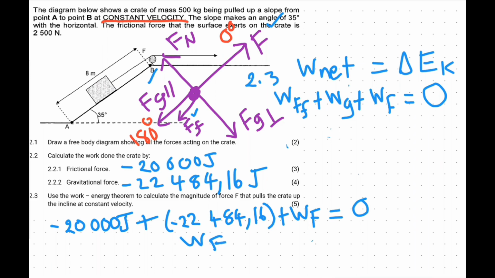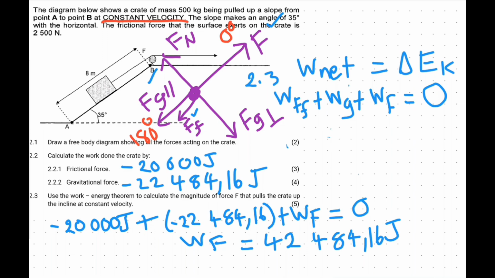Take all these values across, they become positive, and add them. The work done by force F is going to be 42,484,16 joules.